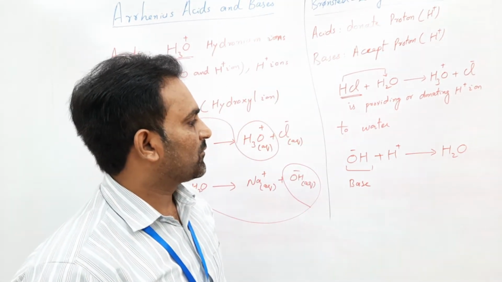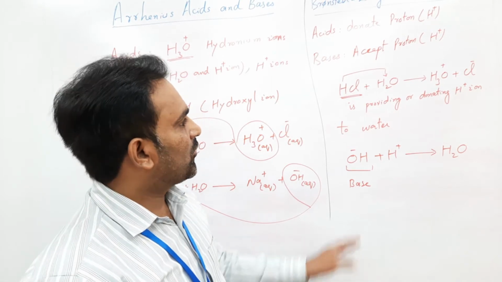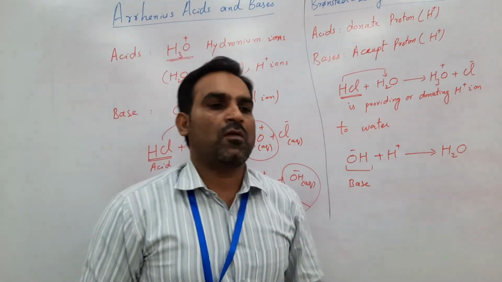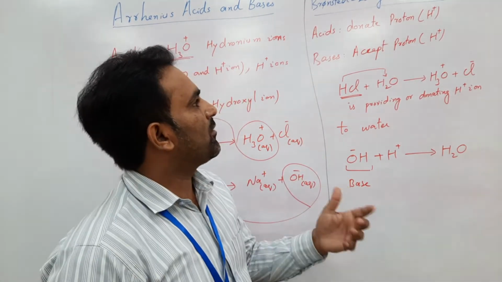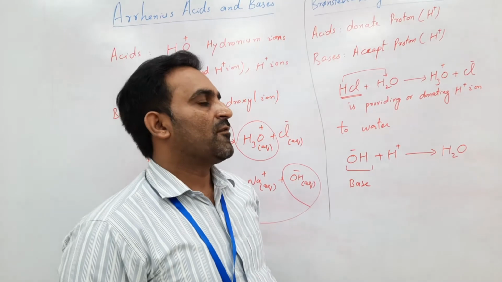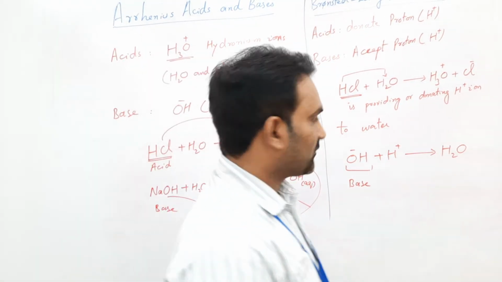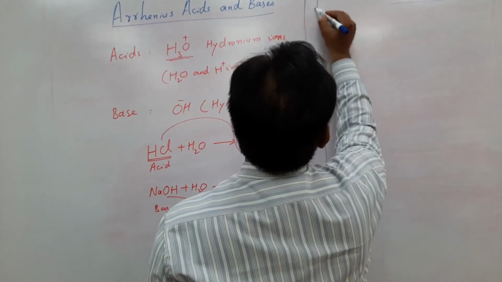So, according to the Bronsted-Lowry concept, acids are those compounds which will donate a proton, and bases are those compounds which will accept a proton.